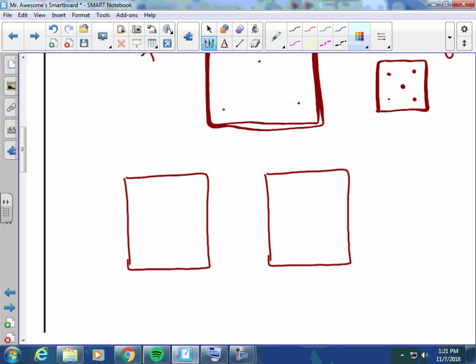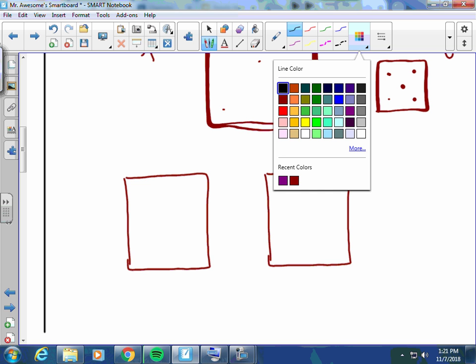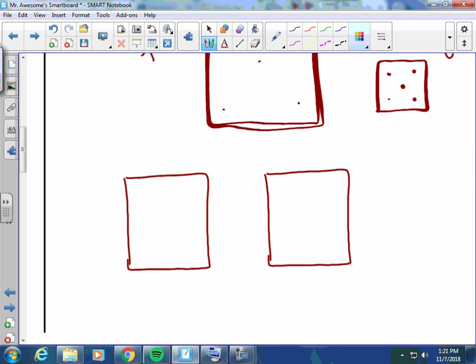How many should I put in the box on the left? 3. Why did you come up with 3? What does that mean? Just a random number, just 3? Okay, I'm going to use all the available space I can. Kind of spread them out evenly. All right, how many you want in the box on the right? 6.